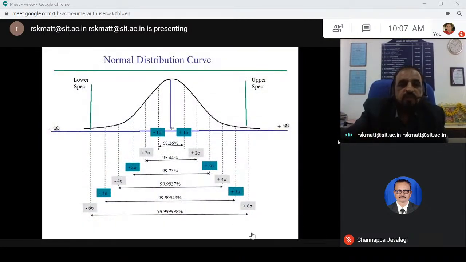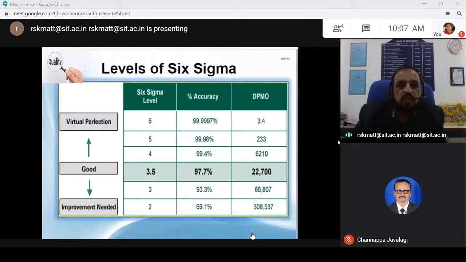Discussed already, you might have gone through this normal distribution curve, and also I think you went through the Six Sigma levels. When we are at sigma level 2 or 3, improvement is needed. When we are at the 3.5 level, we are at good, that is 97.7 percent, where the defects per million opportunities will be 22,700.